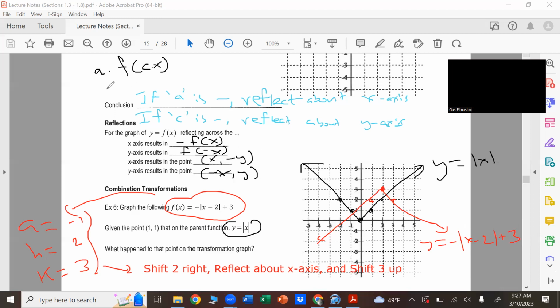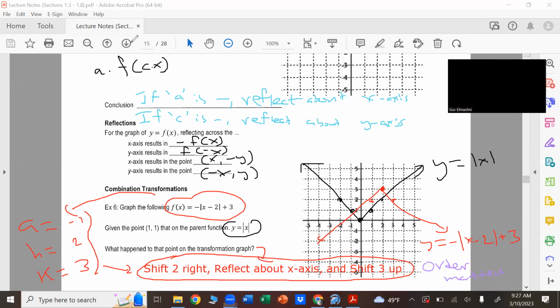Okay. So what happened to that point on the transformation graph? So again, what happened is all this right here. That's what happened. Order matters.